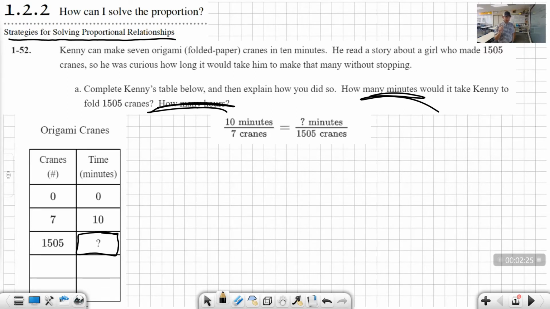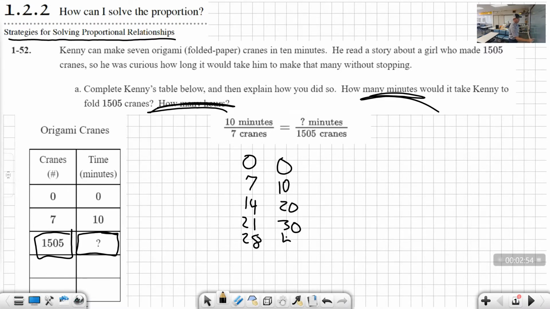Okay, now if you didn't know how and you just let this play through, obviously you're going to find out that one of the ways is to skip count. You could do 0, 7, 14, 21, 28, and you could skip count all the way to 1,505 because you could say 10, 20, 30, 40, and you could skip count all the way there, right?